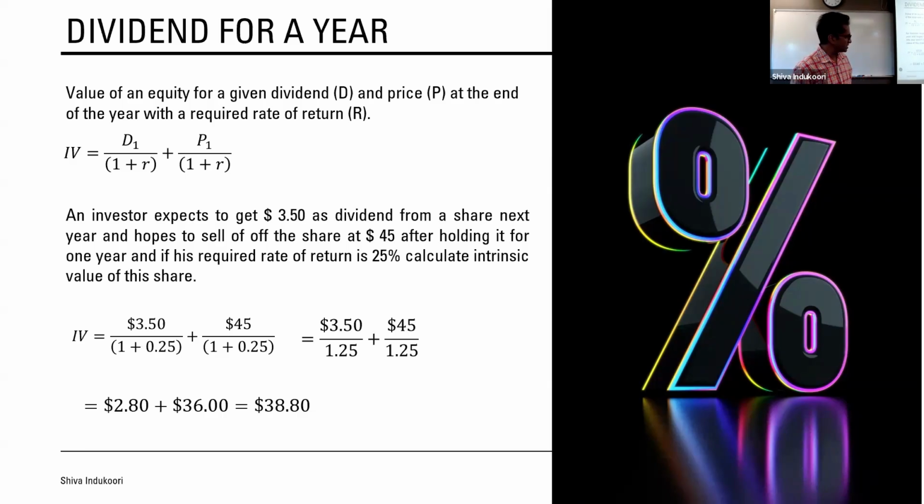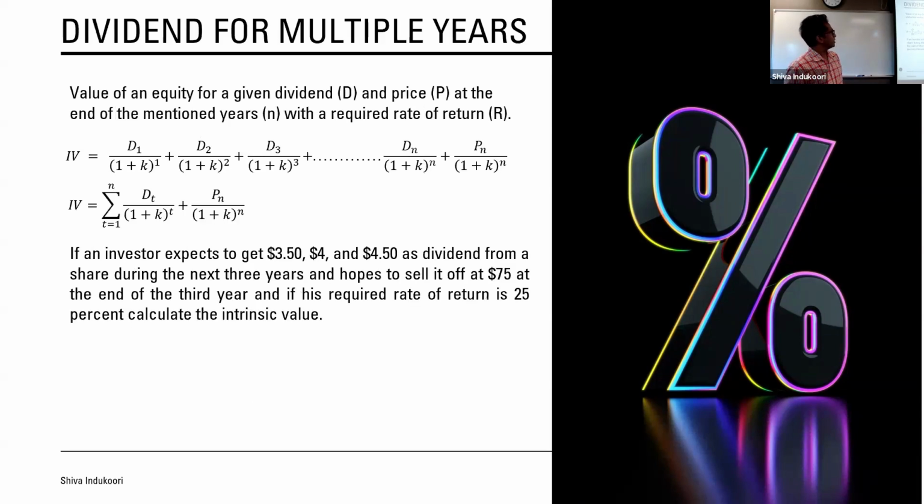If it is anything less than $38.80, say it is getting traded for $35, it is worth it. Even if it is getting traded for $38.80, yes, that's the value. You buy it. But anything more than $38.80, it is not worth it. That is how we arrive at investment decisions using equity valuations. Okay. That is for 1 year.